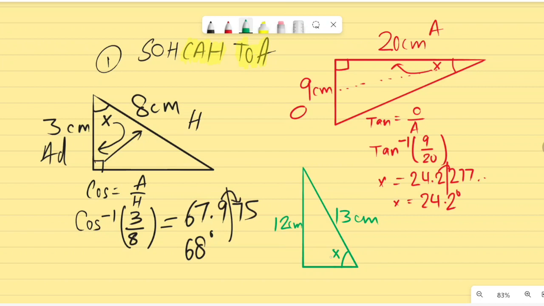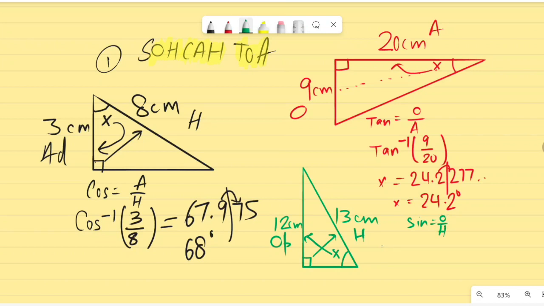Okay, the last one now. The angle missing is this one, x, and we have got the opposite side and hypotenuse, because this is a right angle and opposite to it is the hypotenuse. We have got O and H. So this time I think it's sine, because sine deals with opposite and hypotenuse. So the formula for sine is opposite over hypotenuse.